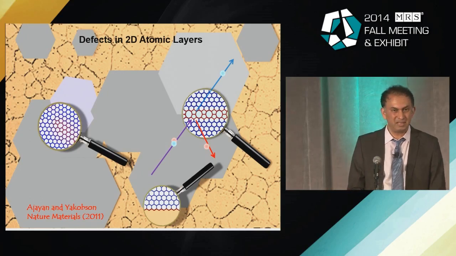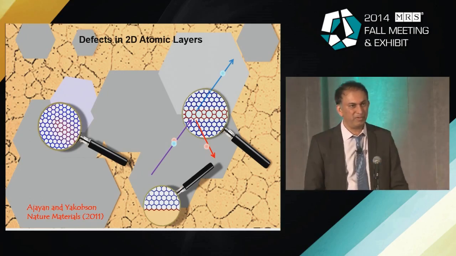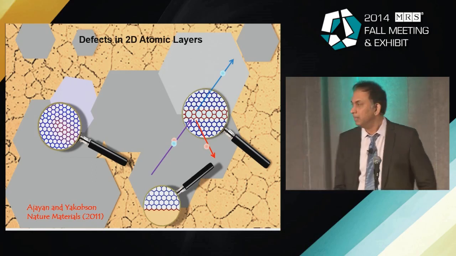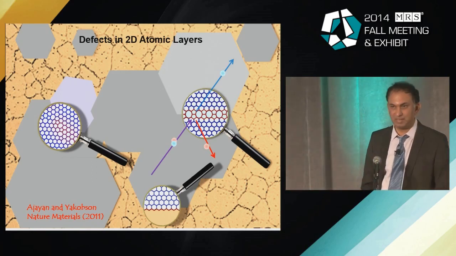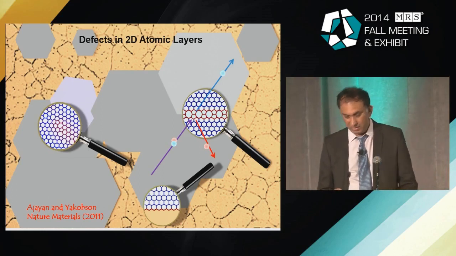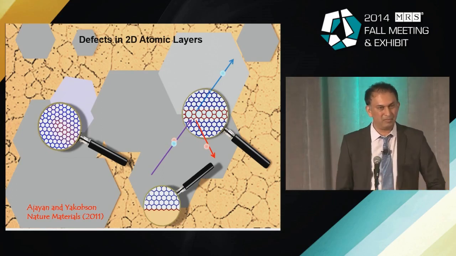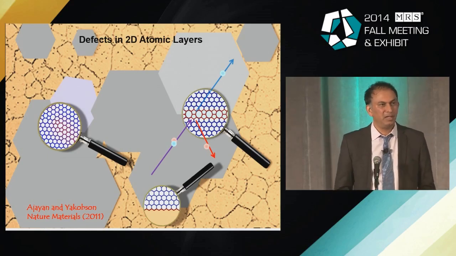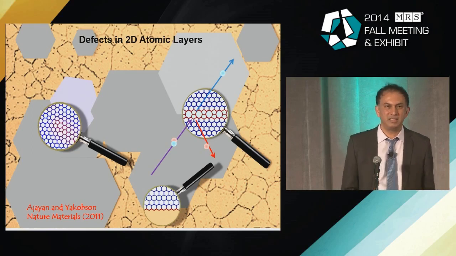And the reason for that is when you grow this by vapor phase technique, the character of the material is different. You end up with a lot of defects, things like grain boundaries, that have a huge impact on its behavior. So on the one hand, the technique of growth on large scale by vapor phase transport has dramatically impacted the field. We are still struggling in the sense that there are defects to deal with.